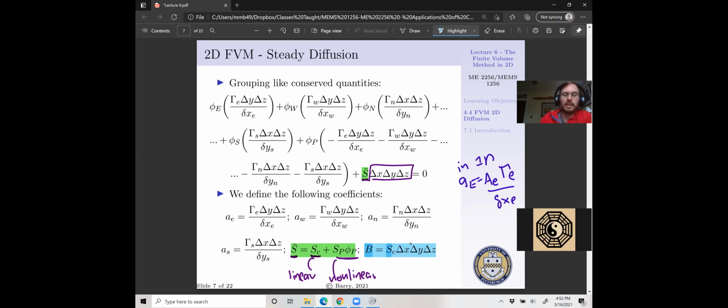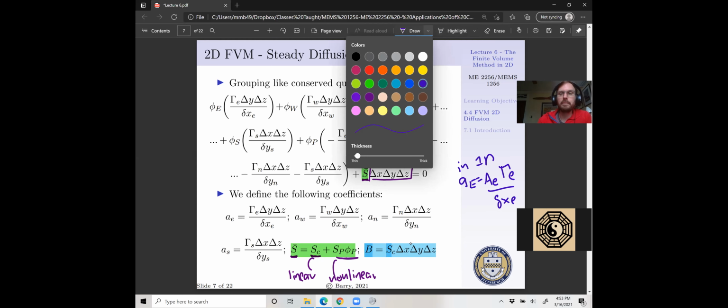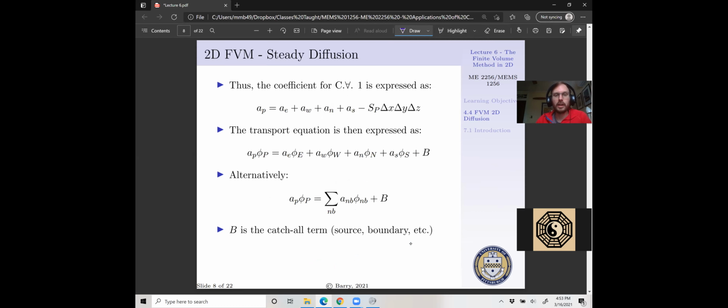So that is really, in essence, just a dummy placeholder that makes life a little bit easier, as opposed to multiplying all that through. But in its final form, we can say the coefficient AP is now going to be equal to A east plus A west plus A north plus A south. So we added our two neighbors right here.